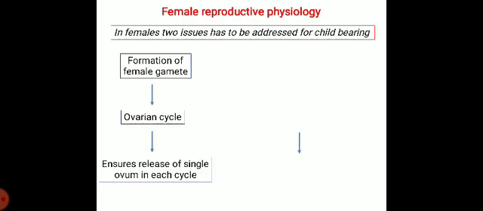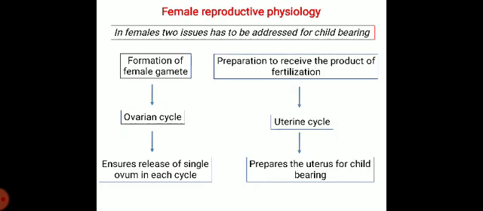Female reproductive physiology. In females, two issues have to be addressed for childbearing. First, formation of the female gamete. Second, preparation of the uterus to receive the product of fertilization. The formation of the female gamete, the ovum, is known as oogenesis, and this takes place in the ovary, causing the formation of ova.